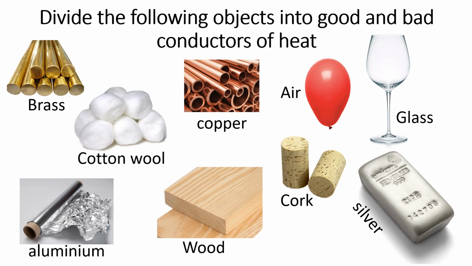Have one column heading of good thermal conductors, and the second heading, poor thermal conductors. And then categorise the following objects as good and bad conductors of heat. Pause your video whilst you're doing that and press play when you're happy with your answer.